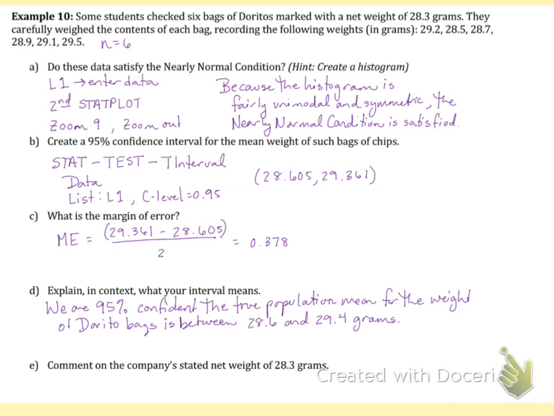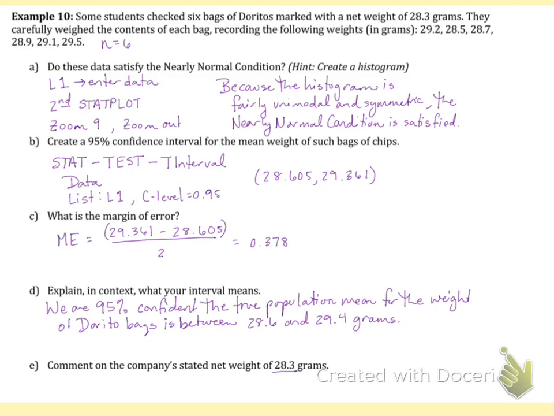For part E, it says comment on the company's stated net weight of 28.3 grams. So notice that the value 28.3 is all the way under, it's completely under the interval of 28.6 to 29.4.